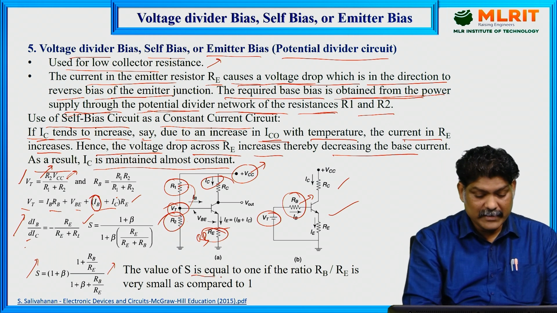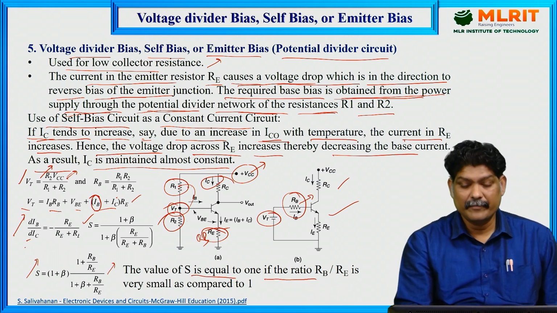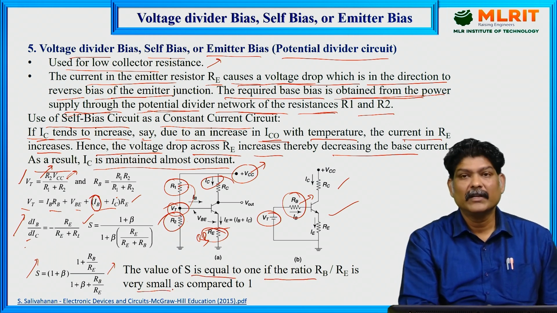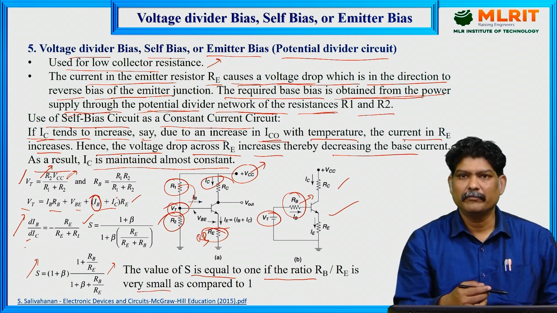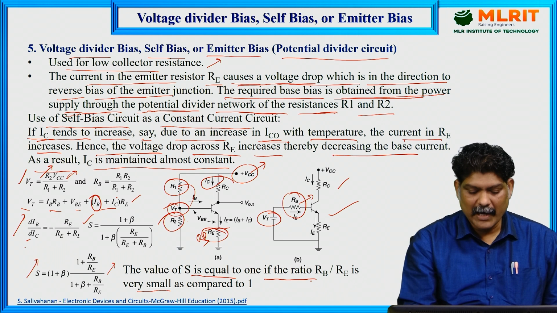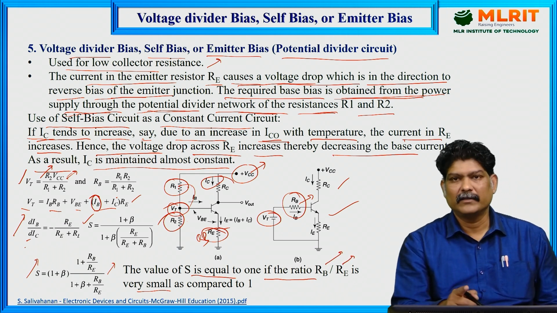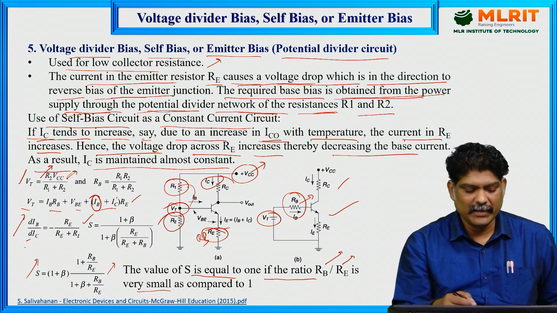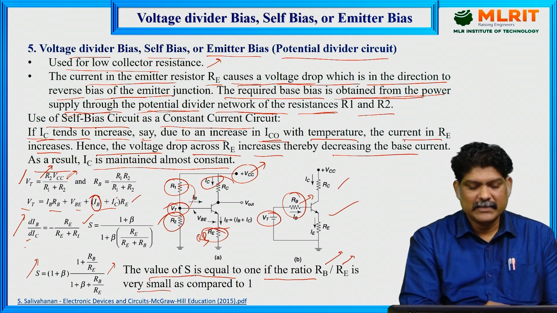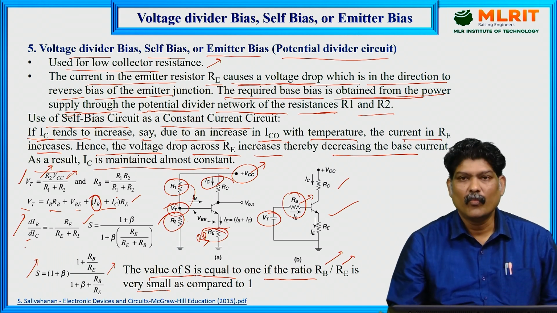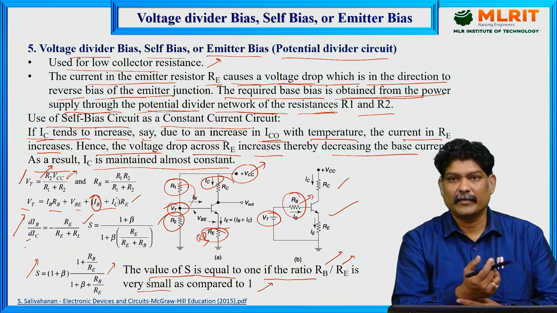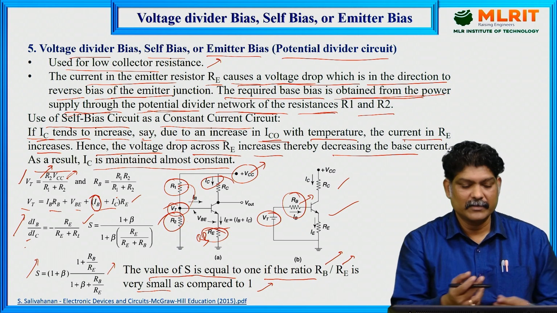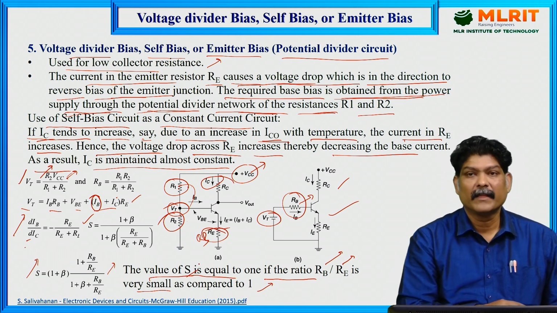The value of S equals 1 if the ratio RB by RE is very small, of the order of 0.1 to 0.3. So this kind of circuit gives the best stability factor S.